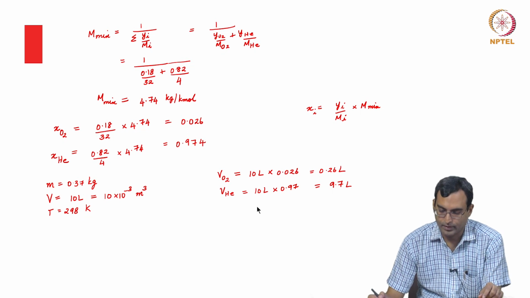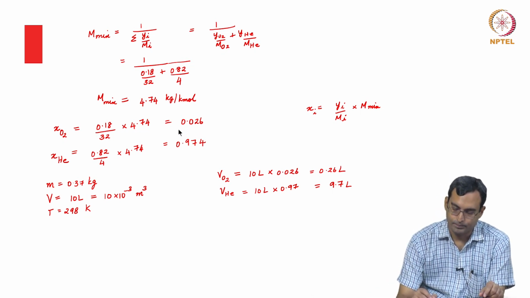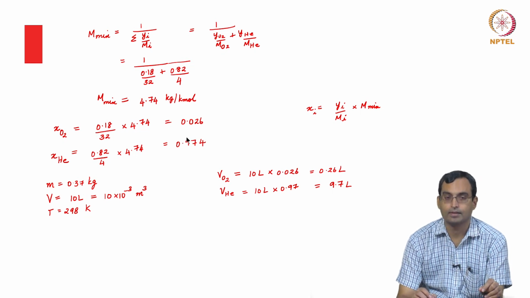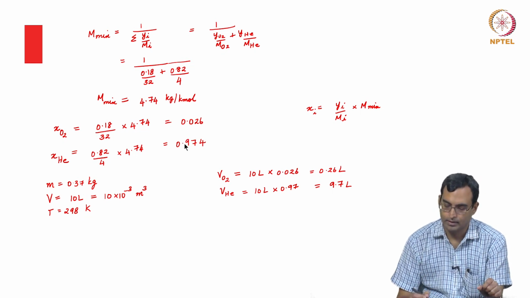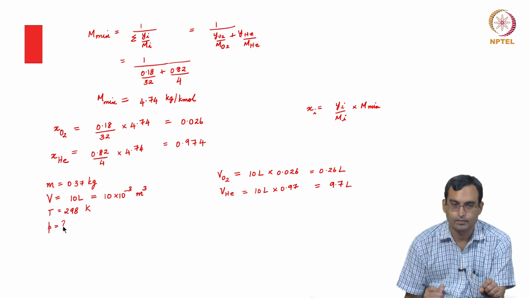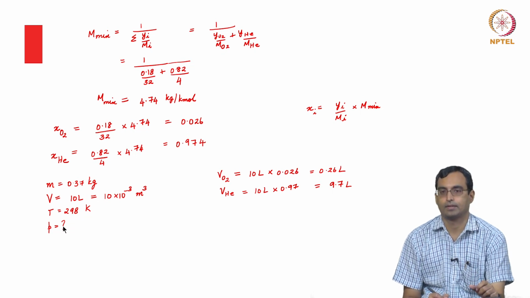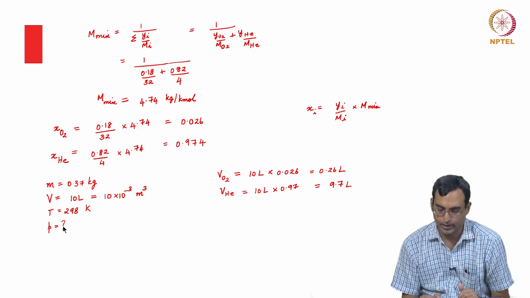What we are also asked to find out is the partial pressures. So, we know that the partial pressures, from Dalton's law of partial pressures, will be in these fractions. What we do not know is the total pressure, so we need to find it out. We can assume both of these to be ideal gases, and the mixture also to be an ideal gas.